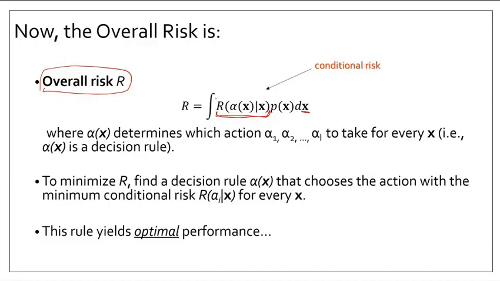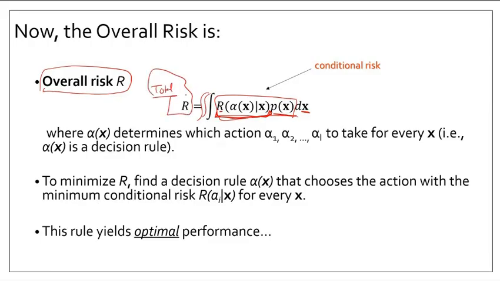If x is 2 dimensional, this will be a double integration. If x is 3 dimensional, this will be 3 dimensional. So for every point in the given problem space, if I calculate the risk for action alpha and then multiply with the probability of that x itself to appear, and if I add all this, it will give me the total risk in my problem.